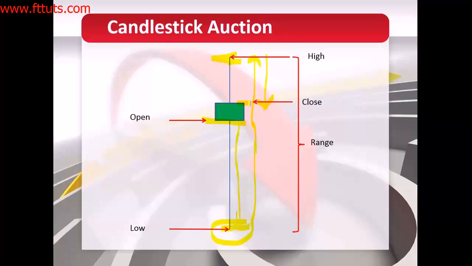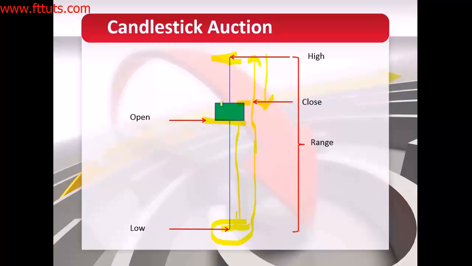So, was this a bullish candle? Was this a negative, bearish candle in the market? Based on just the information that we have in front of us about the auction, we are more inclined to say that this was more of a bullish candle than a bearish one.